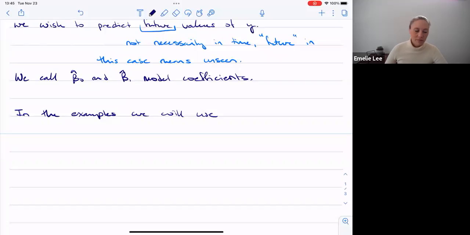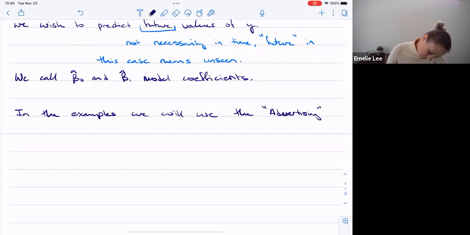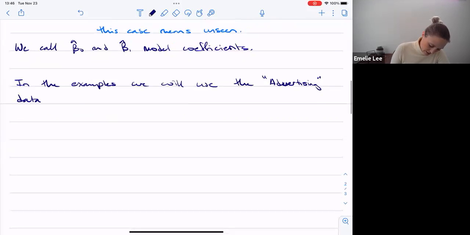Anyways, I have to confirm, but you can access it and we can duplicate these models. In the examples, we will use the advertising data from the textbook.